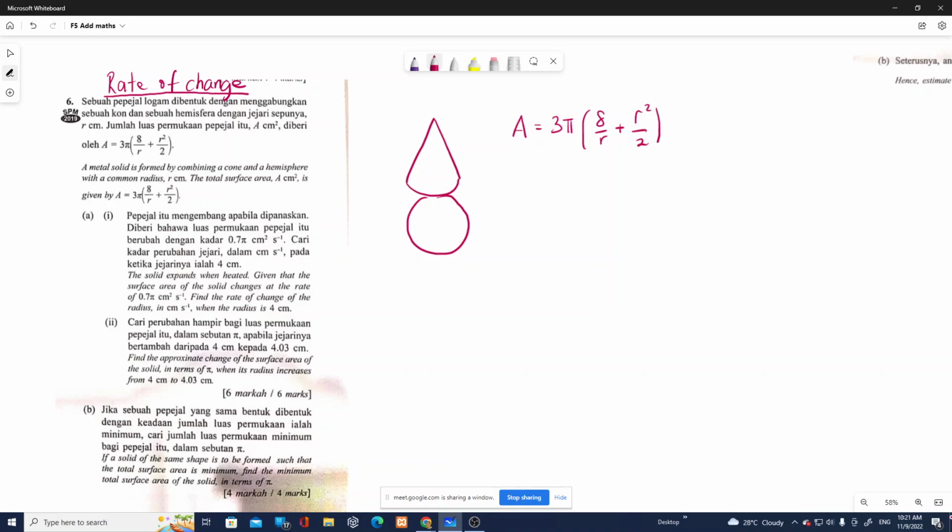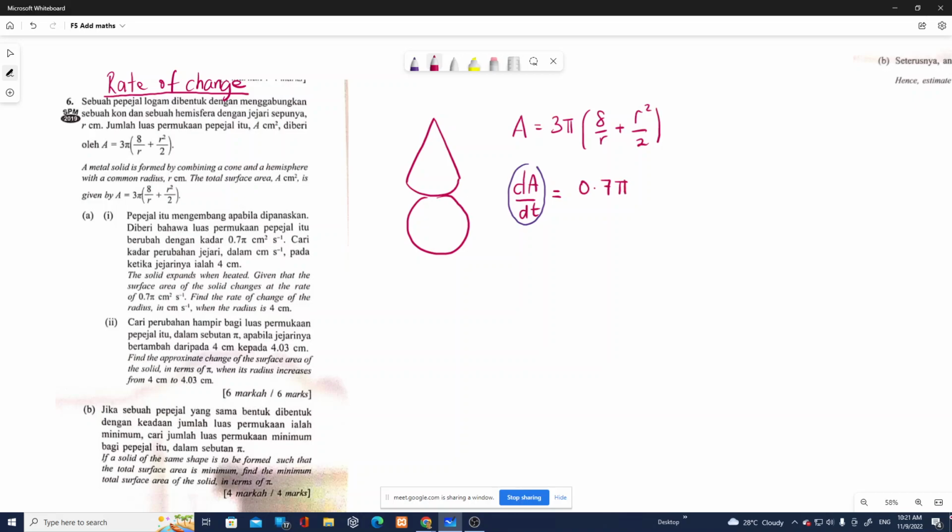So not delta, dA over dt. That is the rate of change of the surface area, so you need to specify dA over dt equals 0.7 pi. Understand?